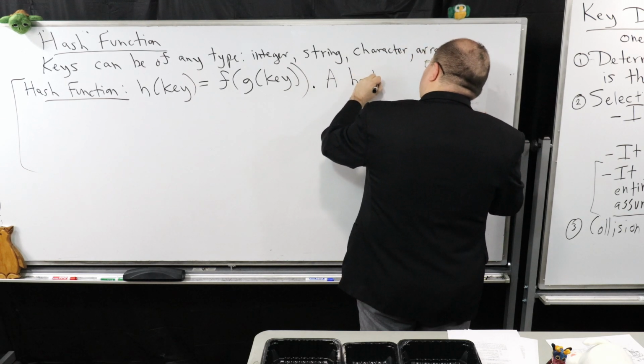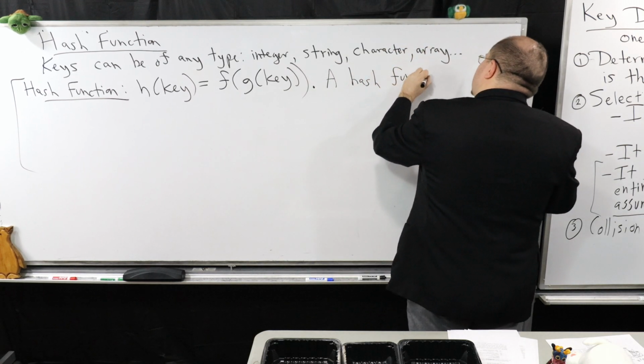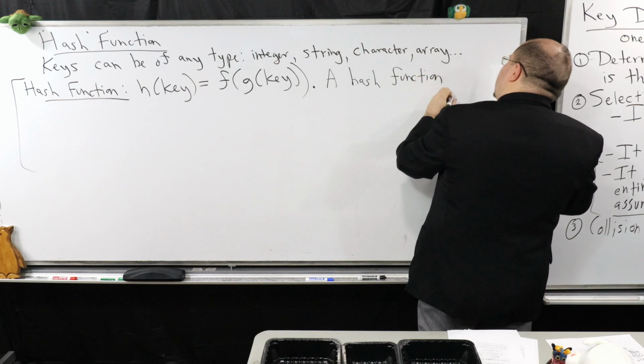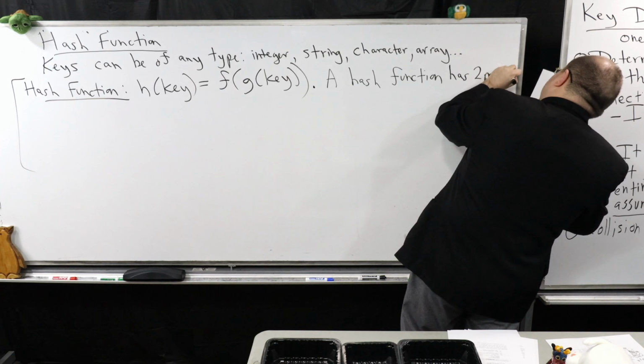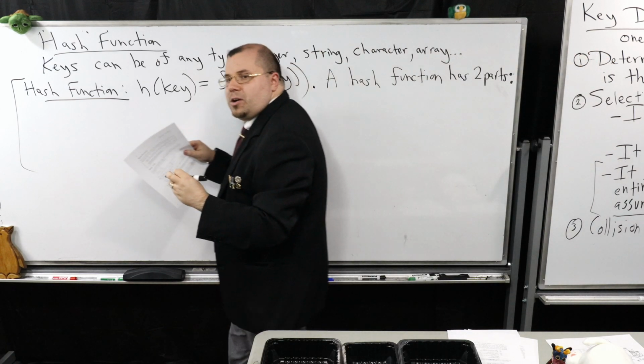So a hash function has two parts. The first one is what we call the hash code.